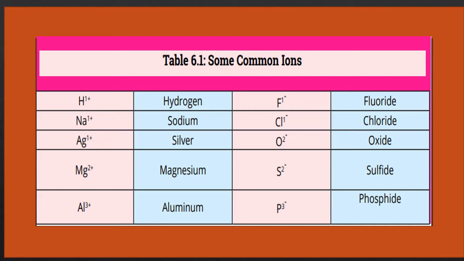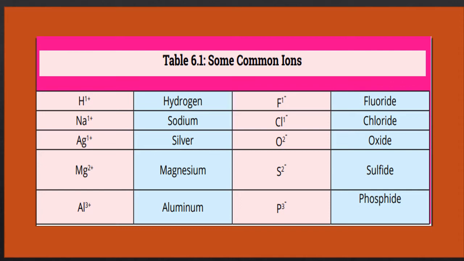On the other side of the table we have seen fluoride, chloride, oxide, sulfide and phosphide. As you've seen, fluoride and chloride have a negative charge, which means they gain 1 electron and become an anion. Oxide gains 2 electrons and becomes a negative anion.